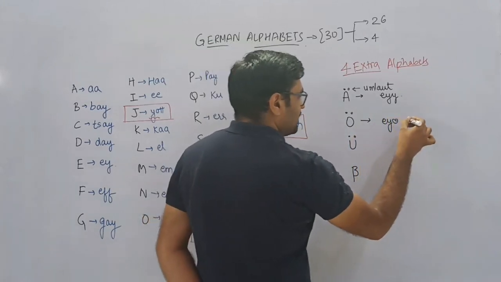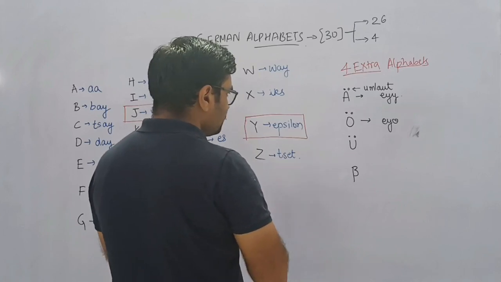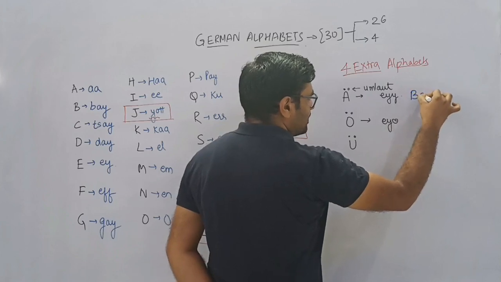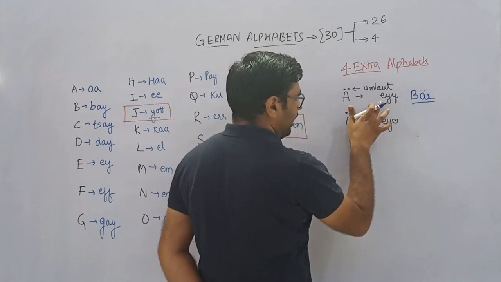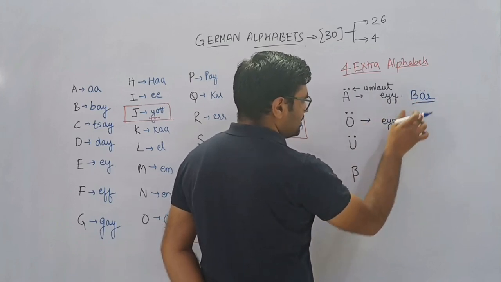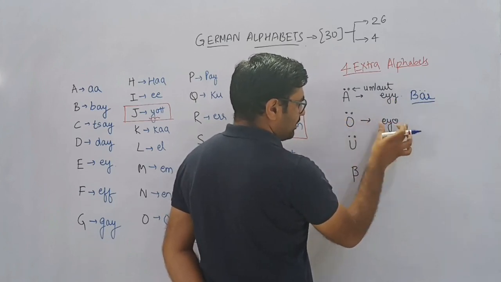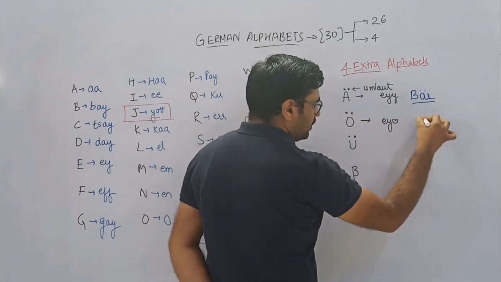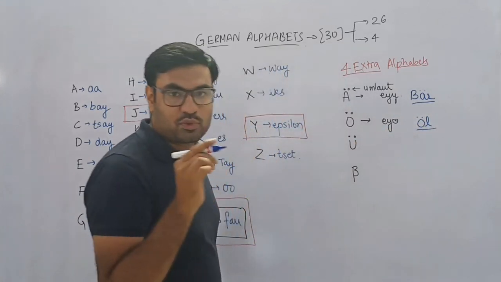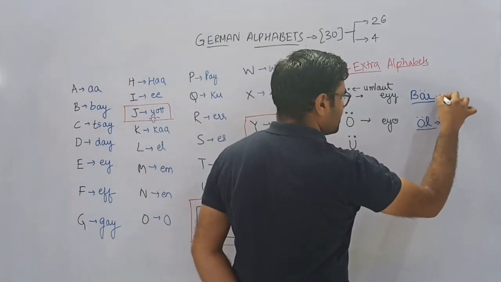For example, this word is pronounced Bär, and it means bear. O with umlaut has a pronunciation somewhat like E-Y-O, a tongue twister. O with umlaut and L is pronounced Öl, and this means oil.